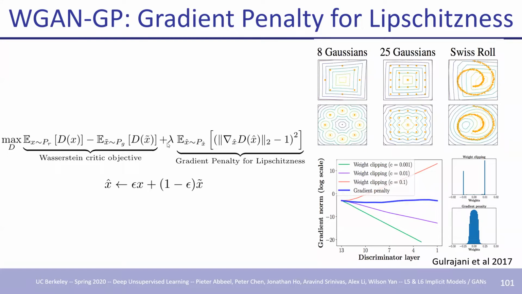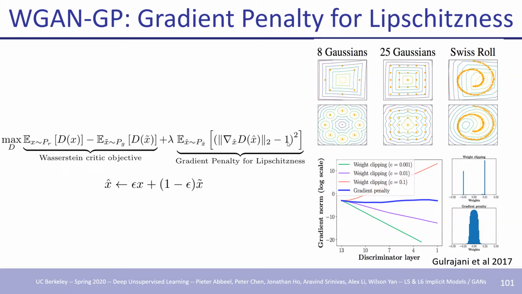But we add this gradient penalty. We take the derivative of the Lipschitz function, take the norm of it, and subtract 1. If this is actually the optimal one, this will minimize to 0, because the gradient is always 1 everywhere.